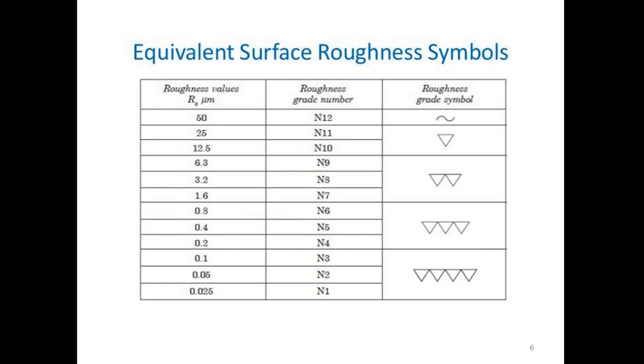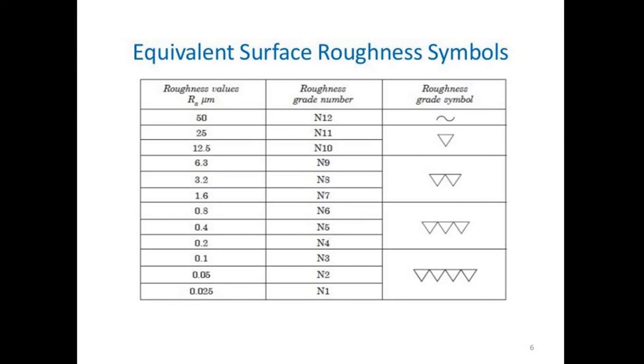And 0.8 micron, 0.4 micron and 0.2 micron by 3 triangle. 0.8 micron Ra value by grade number N6, 0.4 by grade number N5, 0.2 micron by grade number N4 and shown by 3 triangles.